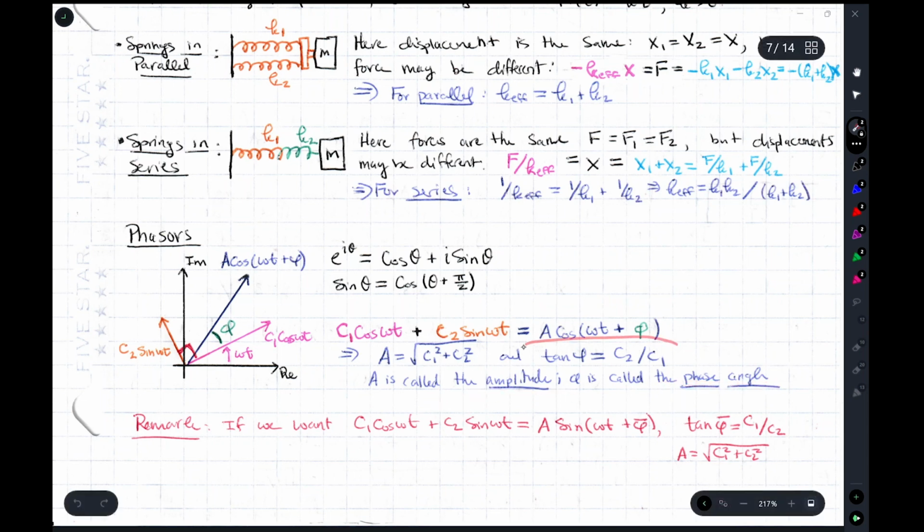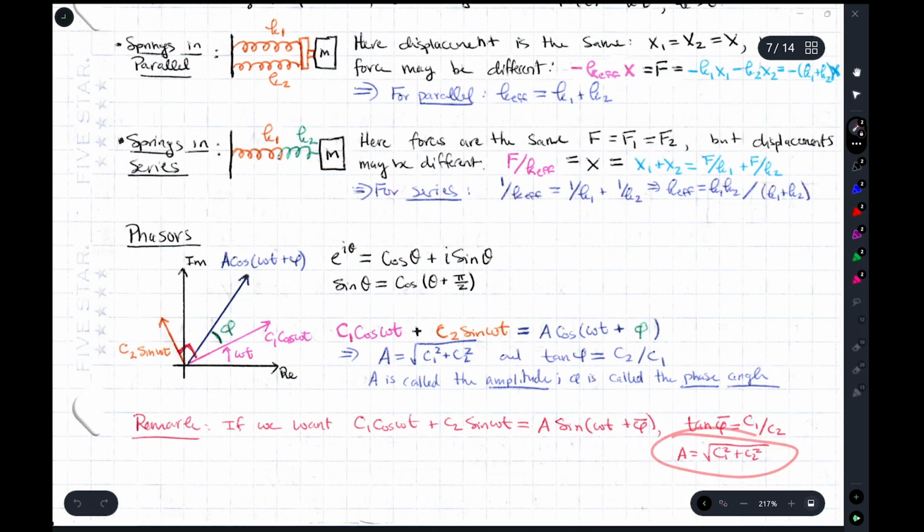Now, in engineering and physics texts in particular, you look at projections onto the real axis and you're dealing with cosine. You'll also find texts that don't want to combine these two terms into a cosine term, but rather a sine term.